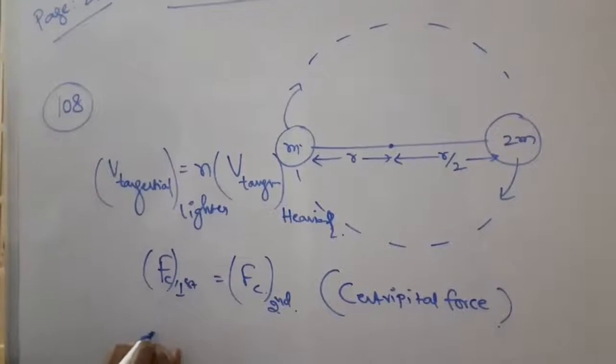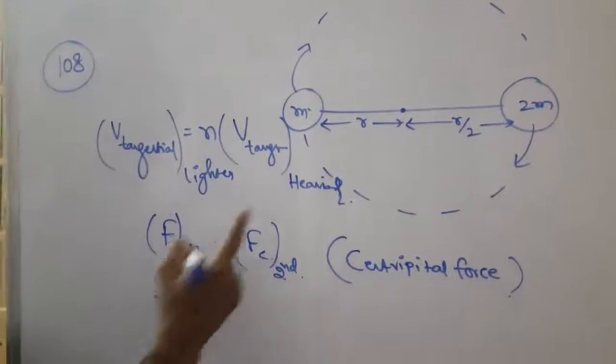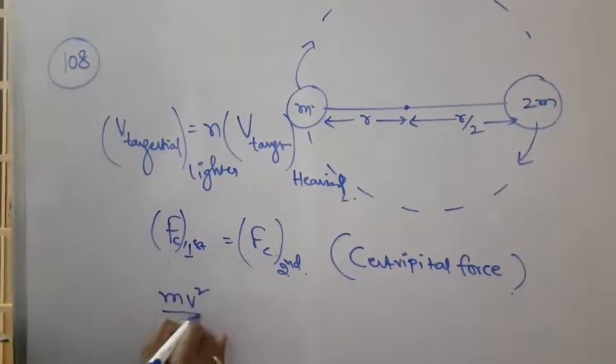Centripetal force is nothing but m v square divided by r for the first block.